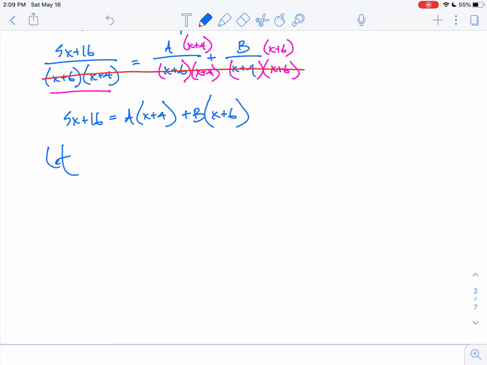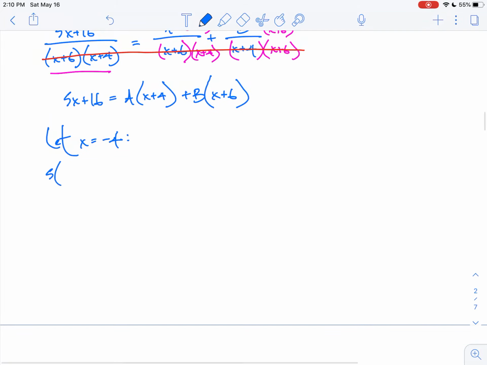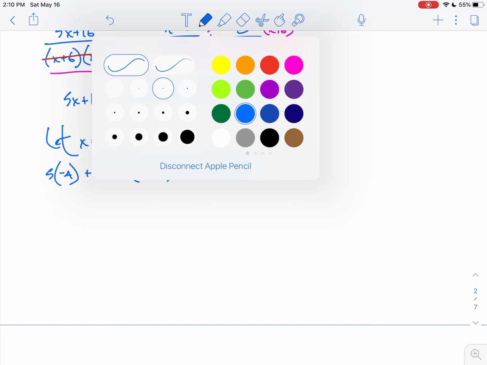So in the first thing, I'm going to let x equal negative 4. And let's see what happens when we plug in negative 4. I get 5 times negative 4 plus 16 equals a times negative 4 plus 4 plus b times negative 4 plus 6. Okay, so what happened when I plugged in negative 4?